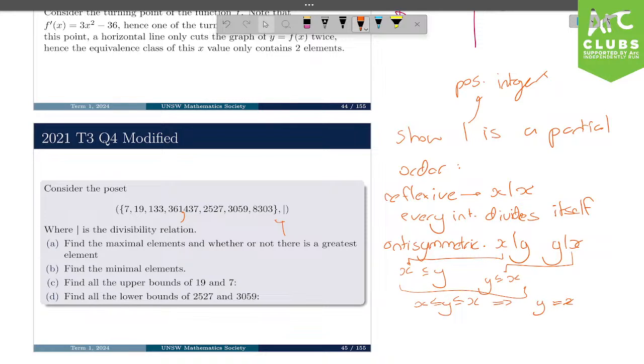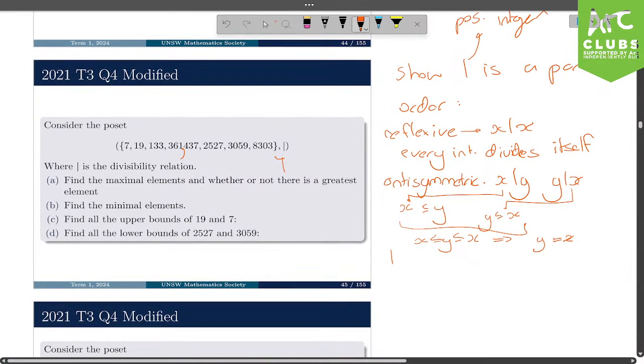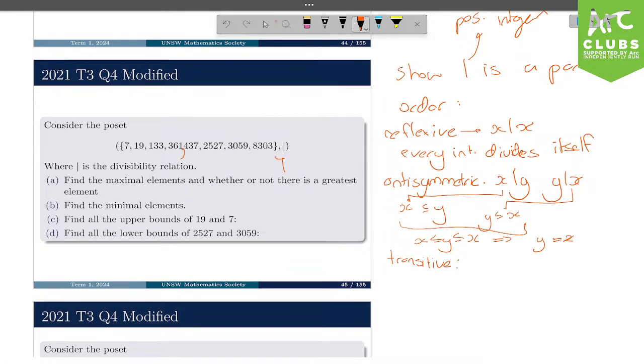And to show it is transitive, if x divides y and y divides z, we can see that x also divides z.